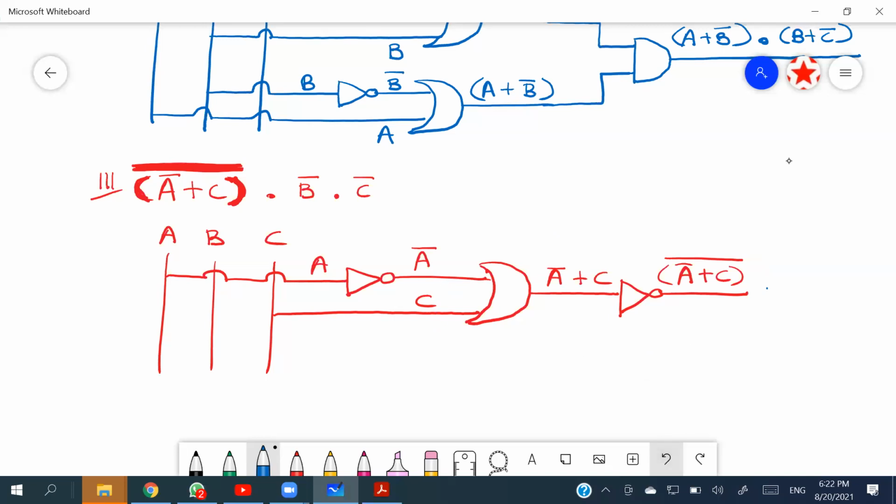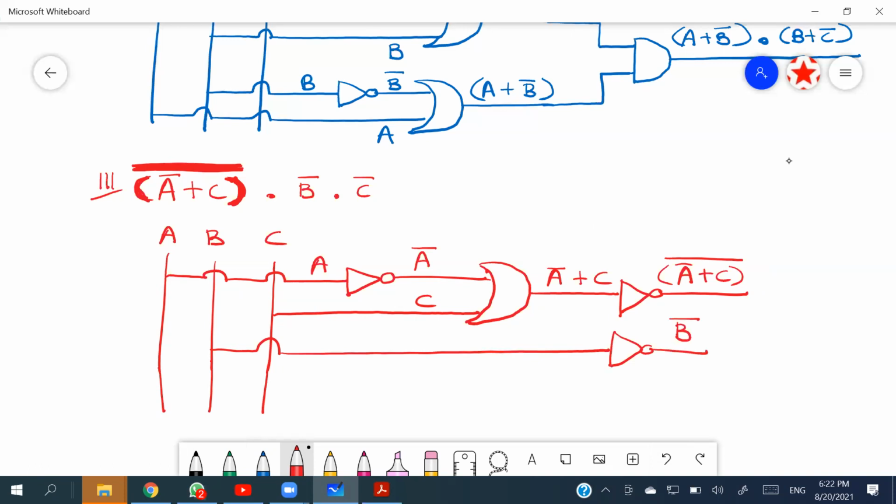Okay, so the inside of the bracket is done, and the out of the bracket, the bar part, is also done. So now we have to create B bar and C bar. To create B bar and C bar, we need two lines from B, and I'm sending it through the NOT gate.